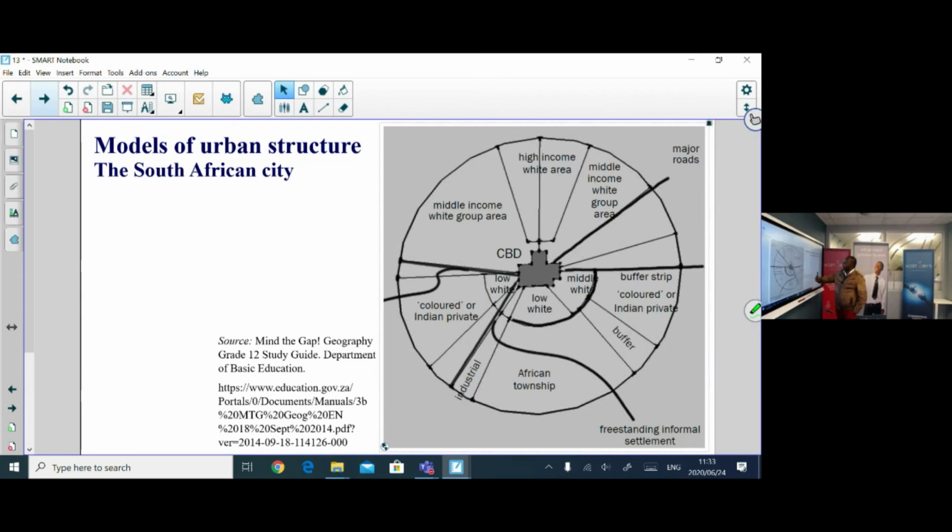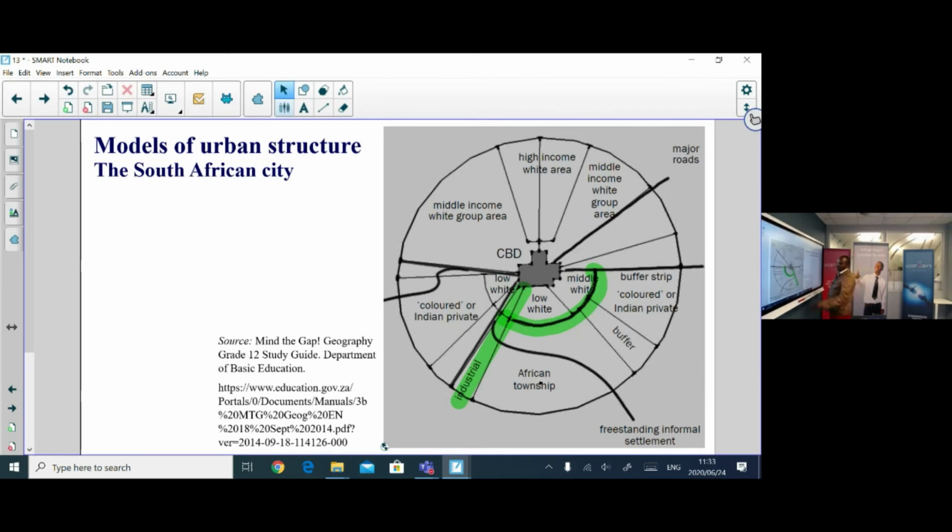This industrial area here is actually dividing the colored from the Africans. And then we might have a major road, a traffic route, which is dividing the African township from the low white township.